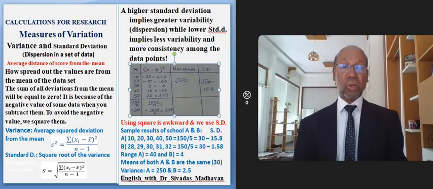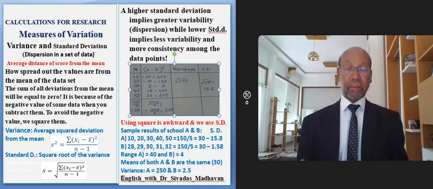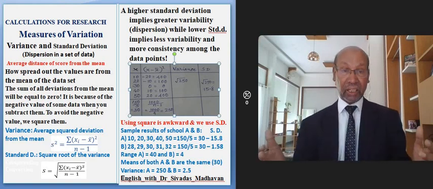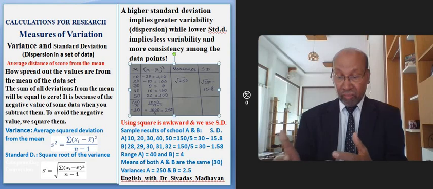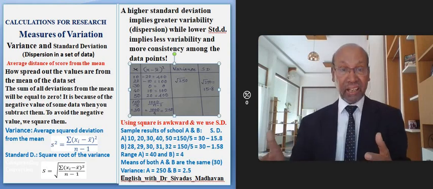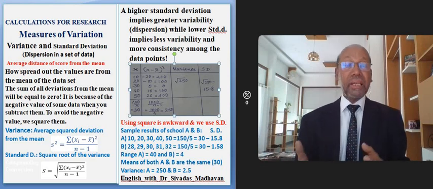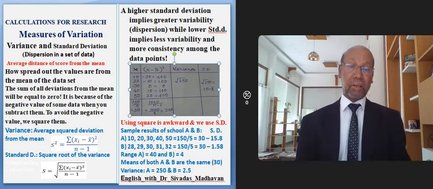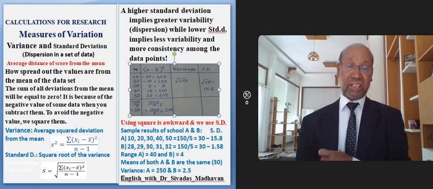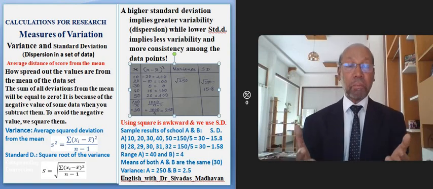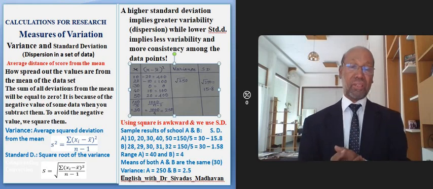Dispersion refers to the distance from the mean, the calculation of how spread out the data is from the mean. Mean is the average. Mean is the average of the data set, where the data points are added together and divided by the number of items.